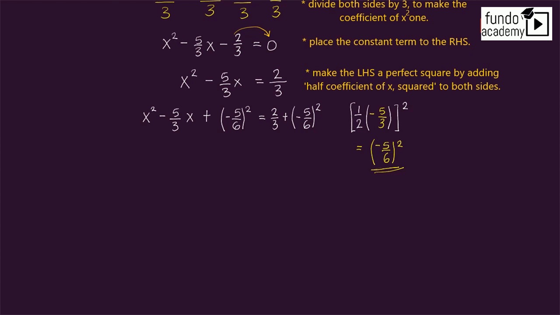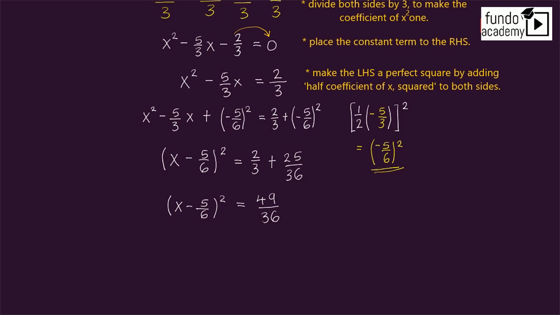So that's what we'll be having on the left hand side. And the right hand side will be simplified. Then we'll be having 2/3 plus the square of negative 5/6, which is 25/36, and we can just continue simplifying that, adding the two fractions on the right hand side. Then we'll be having the result as 49/36.